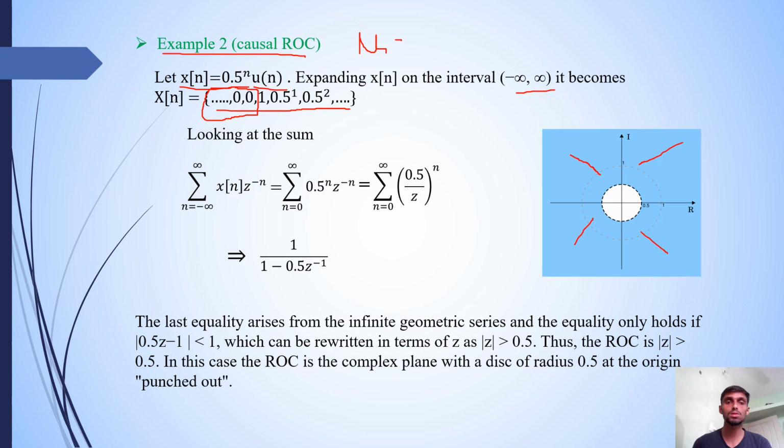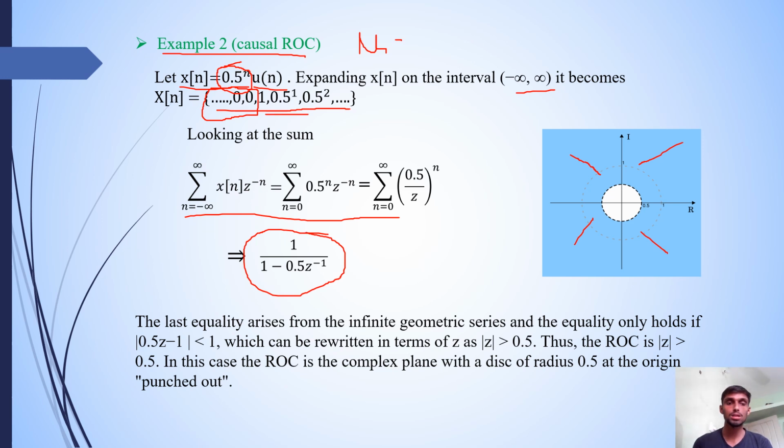So the negative values are 0 and the positive values are 0.5 power n, and it satisfies the condition that the value is less than infinity, and finally we got this output.